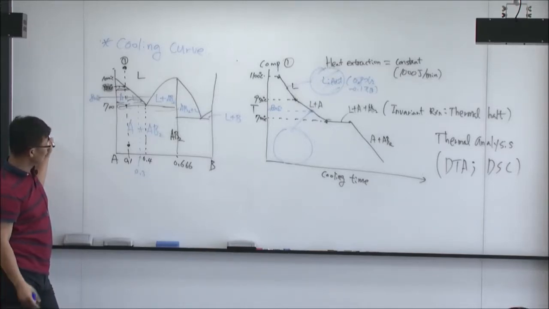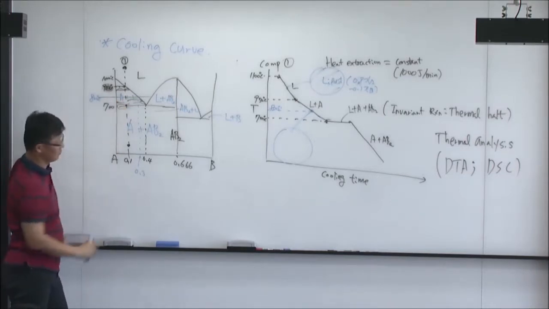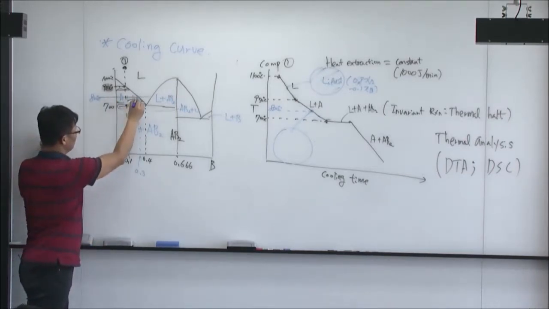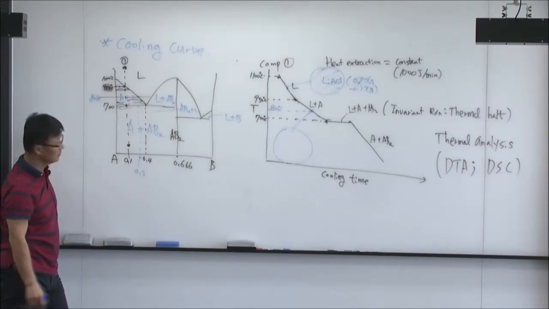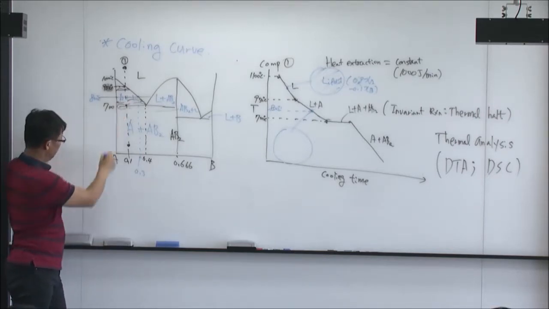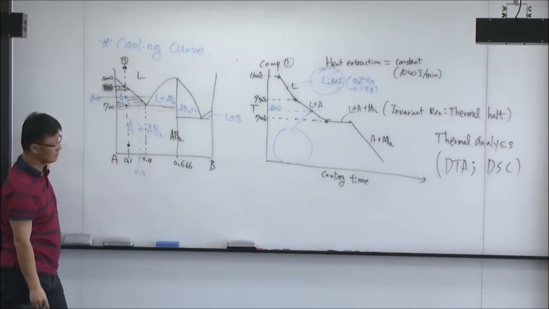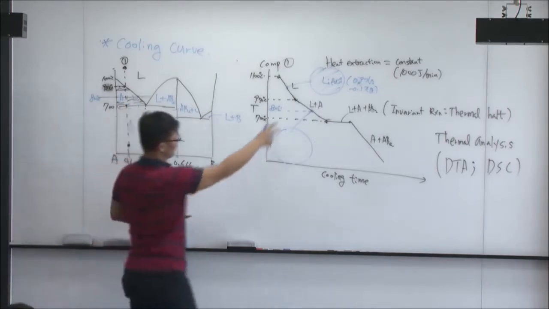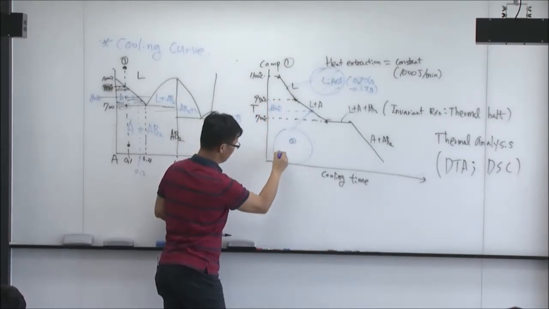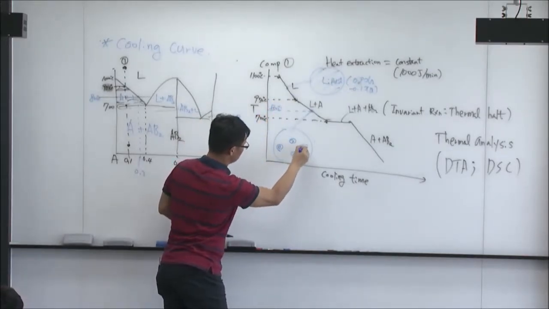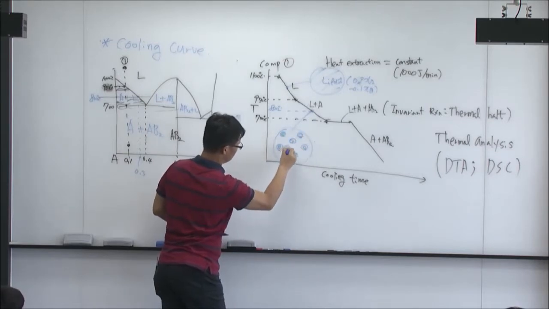Now I have liquid plus A existing together, and the liquid composition is 0.3 mole fraction of XB, and A is pure A. So we have the liquid phase, and from the liquid, A starts forming.